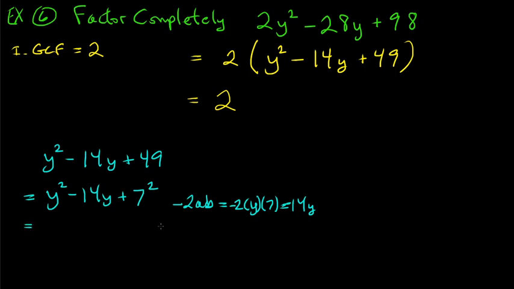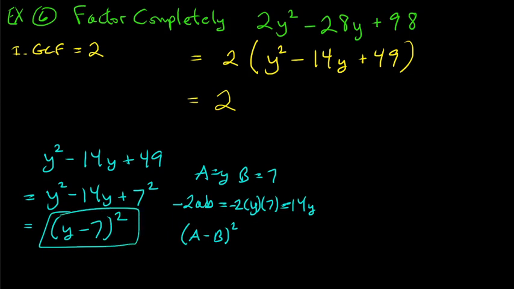So this just factors as a minus b squared, where a is just y and b is 7. So y minus 7 squared. Okay, so again, when it's a nice perfect square trinomial, it's pretty quick.